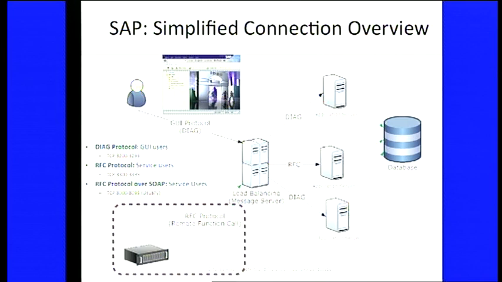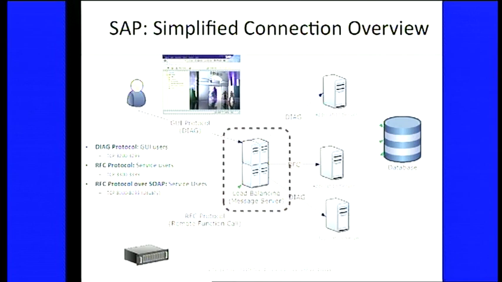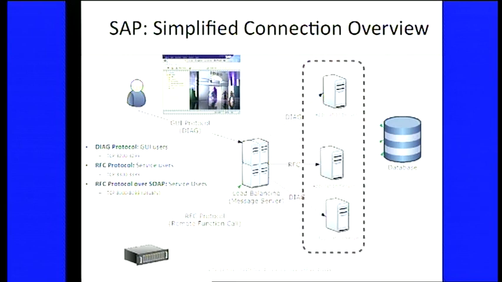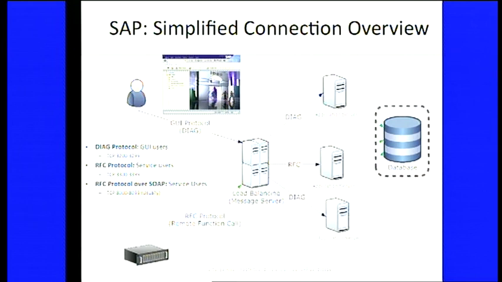It means remote function call: you ask the application server to execute something for you, usually business functions. These users and services connect to the load balancer, which is called the message server. This is a typical three-tier architecture: the presentation layer, application servers which process the requests, and then the central database.